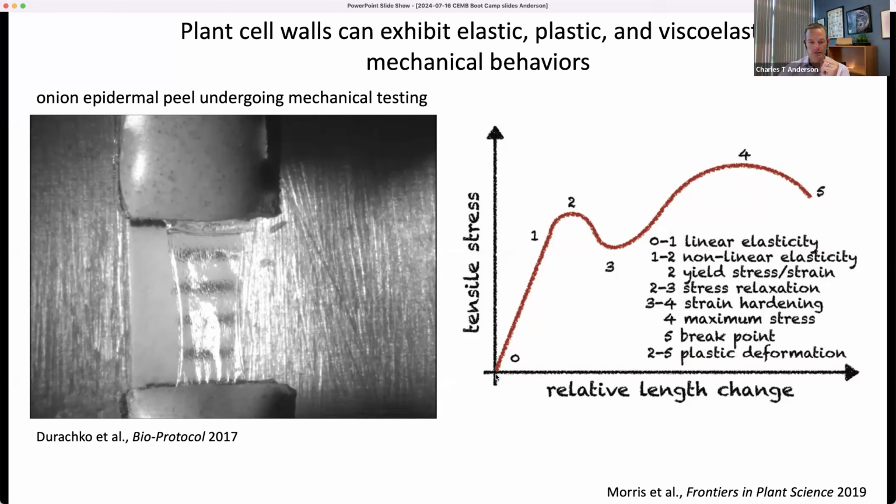They can measure interesting changes in the mechanical response of that material over time or over different cycles of mechanical loading. So Jingyi Yu, who's one of the CEMB postdocs working in Dan Cosgrove's lab, has done some really exciting mechanical testing of the onion epidermis and has a really nice PNAS paper that came out just this spring that talks more about that.